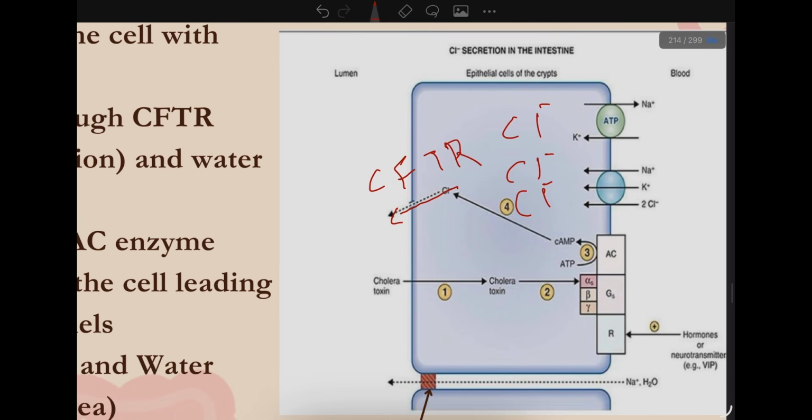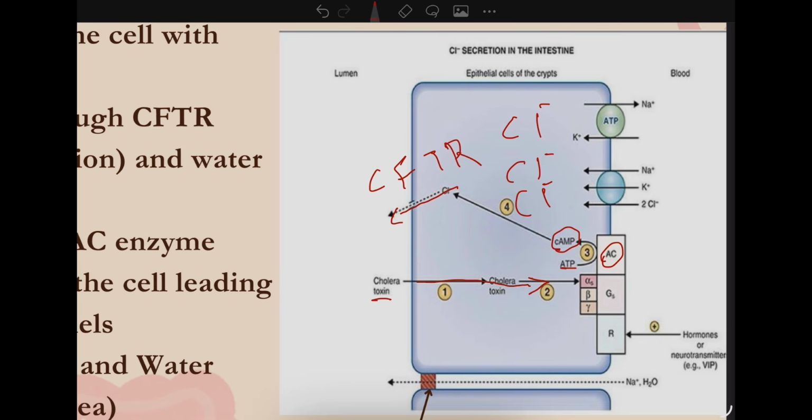The abnormal thing here is when you have cholera toxin. Look at what cholera does. It activates an enzyme called adenylyl cyclase. I will not go through the G protein pathway. Just know that adenylyl cyclase is activated. Adenylyl cyclase gives us more cyclic AMP. You know that.